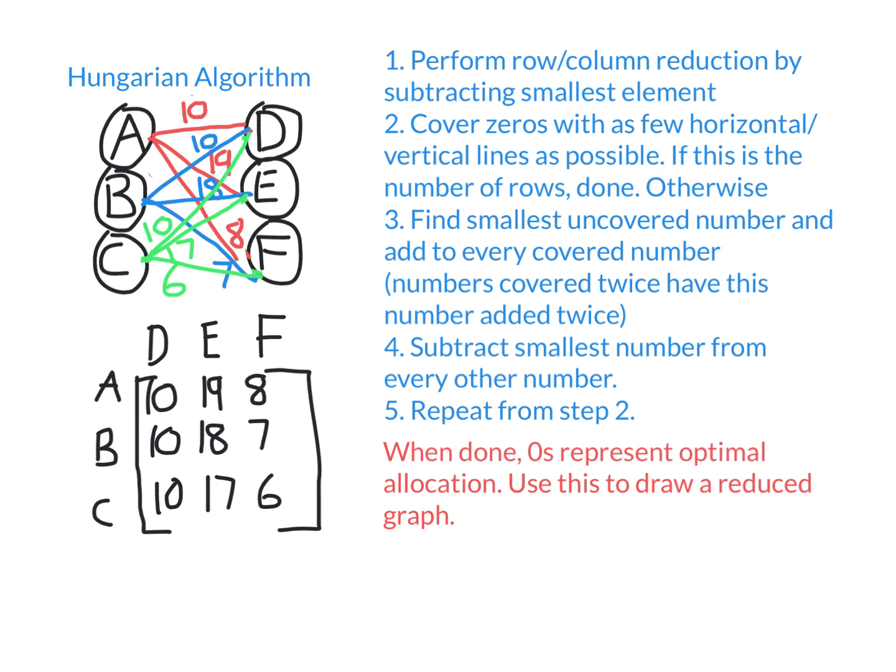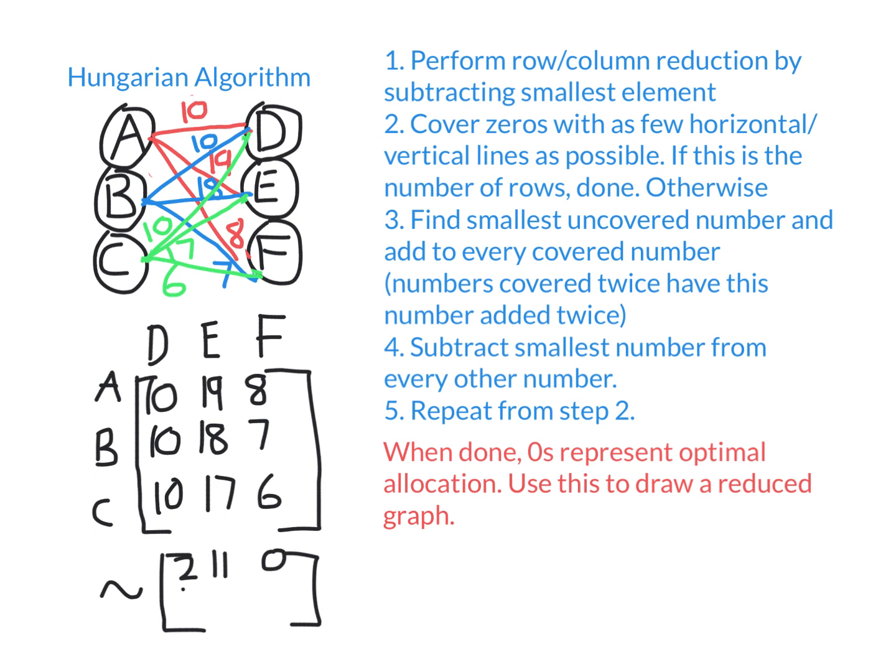So the first step is to perform row reduction and then column reduction by subtracting the smallest element in each row or column. So first thing I'm going to do is row reduction. I am going to take the smallest element in each row and subtract it from every element in that row. So in the first row, I subtract 8 from everything. I get 2, 11, and 0.